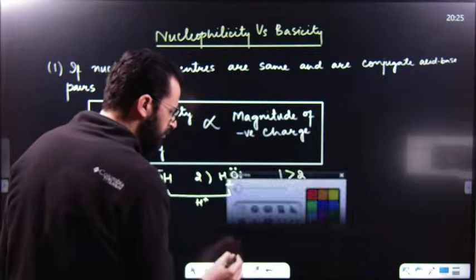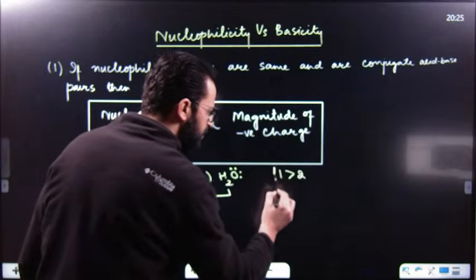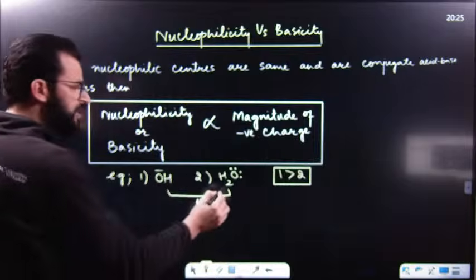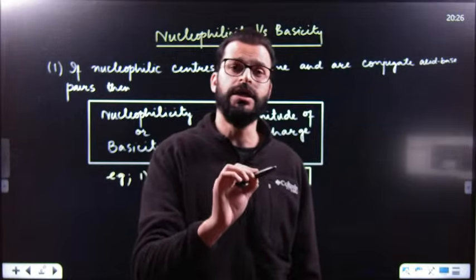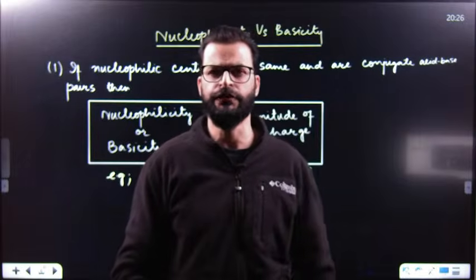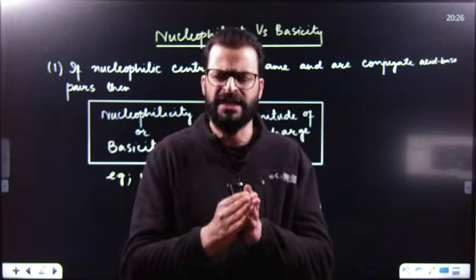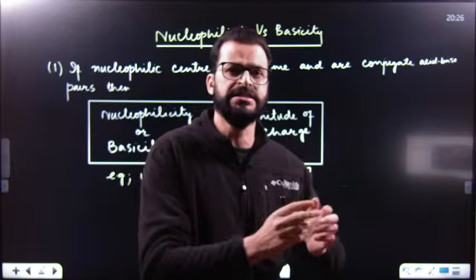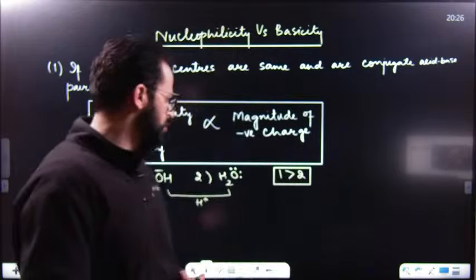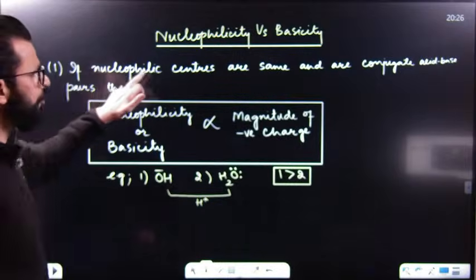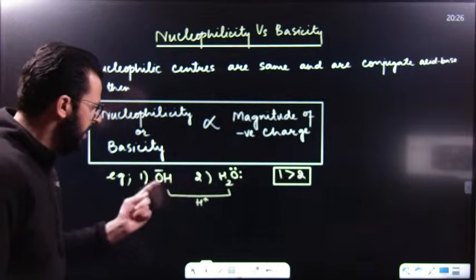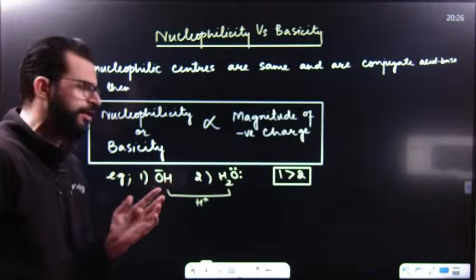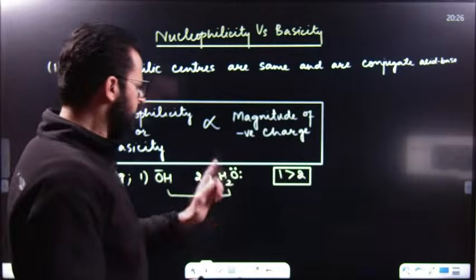This will become the nucleophilicity order. But remember, for such types of nucleophiles, basicity order is also same as that of nucleophilicity. That means for such nucleophiles, nucleophilicity and basicity parallel each other. So if nucleophilic centers are same and are conjugate acid base pairs, the nucleophile having more negative charge is a stronger nucleophile than water.